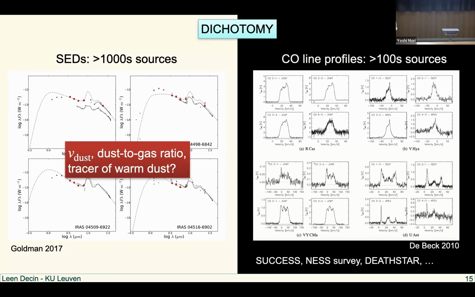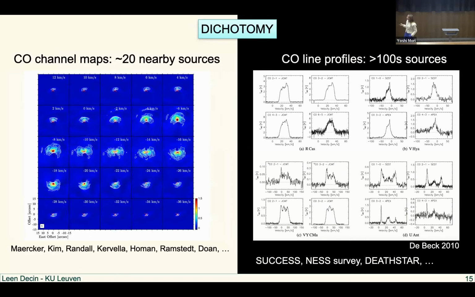Okay, let's do the other thing. Gas species. So not dust, gas. We have fewer stars there, but still above a few hundred. And then you have all of these carbon monoxide lines. We analyze them with our radiative transfer codes. This is one of the pictures of Elvire de Beck.